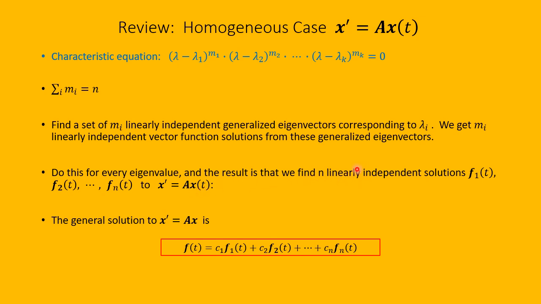And so the general solution then is just an arbitrary linear combination of these n linearly independent solutions to this system of n equations in n unknown functions.